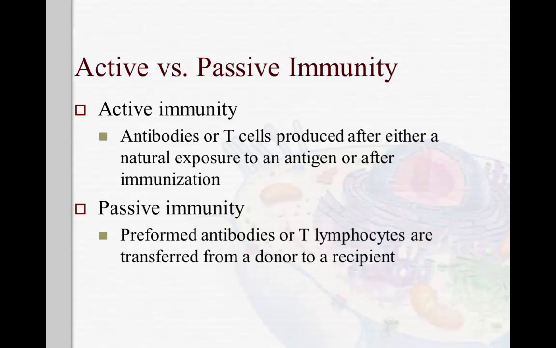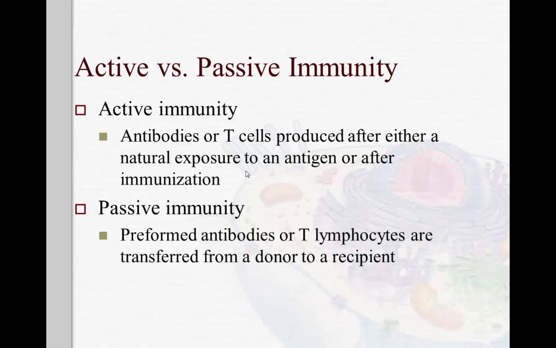Now, there's another way to explain active and passive immunity. Active immunity is no more than that adaptive immunity that is created by a natural exposure to an antigen or after immunization. When you are exposed to a particular disease process, that is an active natural exposure.